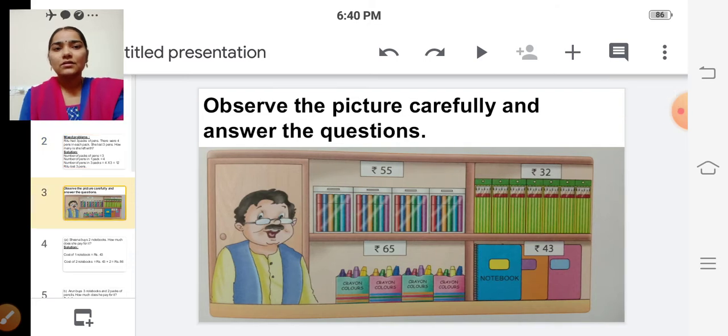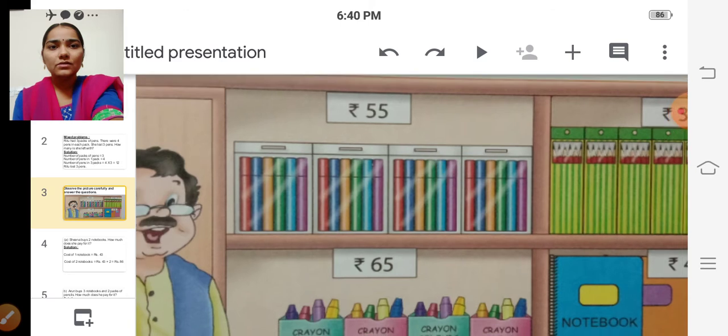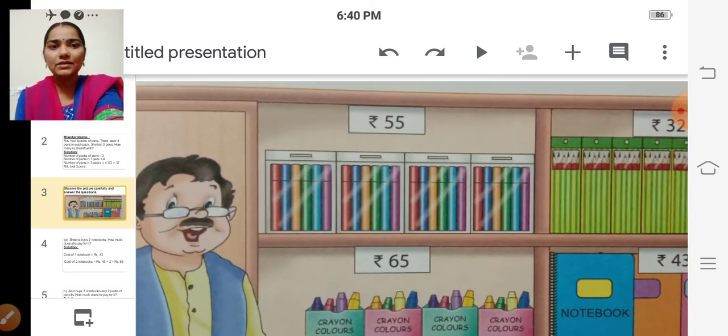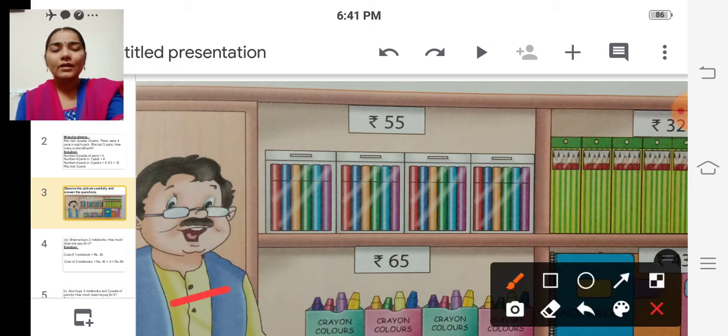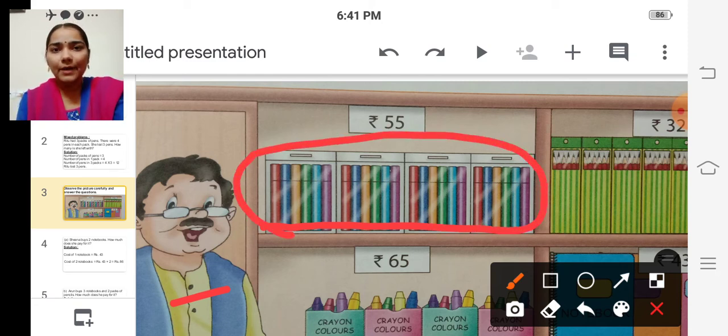So observe the picture carefully and answer the questions. See the picture. This is a shop, and he is a shopkeeper. These are all packs of pens.